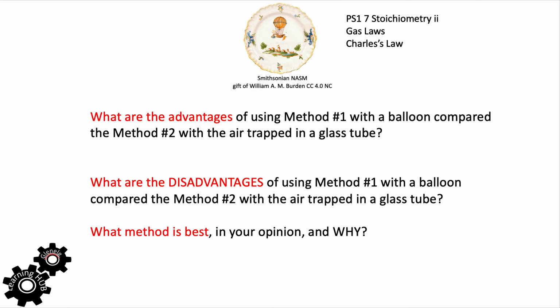You may look at which gave the better one, and what are the disadvantages? There's going to be more than one. So which method are you going to choose as the one that you would prefer to use, and why?